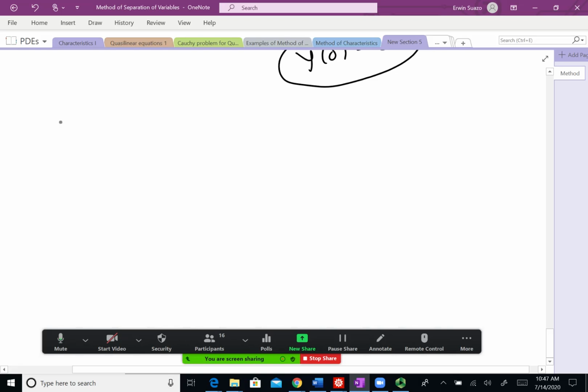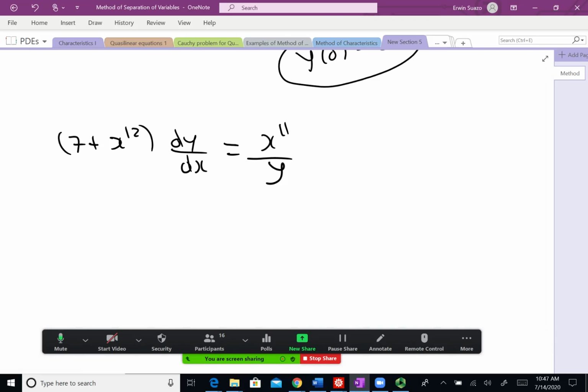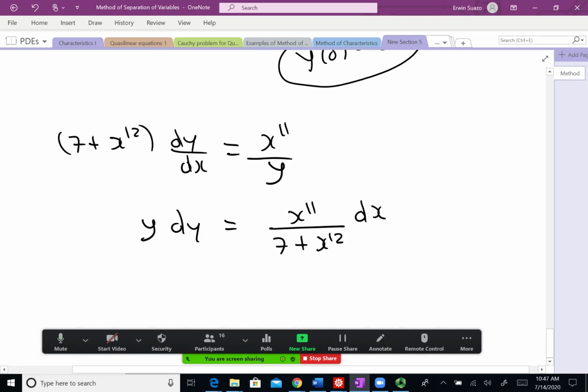So this is 7 plus x to the 12 dy dx equals x to the 11 y. So we move y with y, x with x, right? So we get y dy, then x to the 11 dx over 7 plus x to the 12. And now we integrate. This is separation of variables.